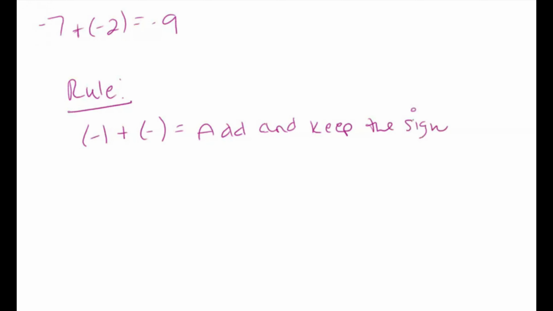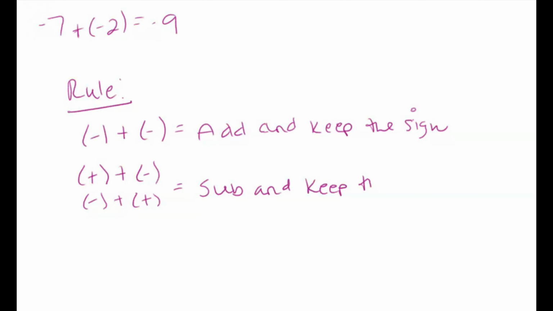All right, I'm going to explain that here in just a minute. And then there's one other example type that we need to work through. If we have a positive plus a negative, or a negative plus a positive, then what you're going to do is actually subtract and keep the sign of the larger.